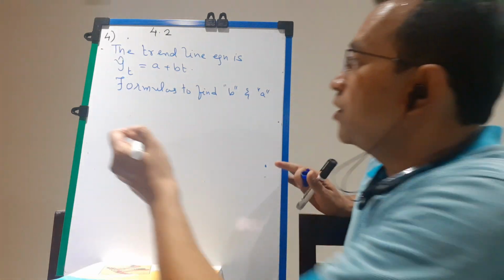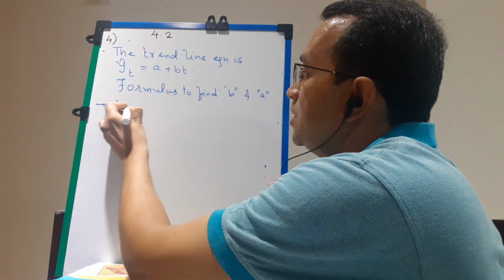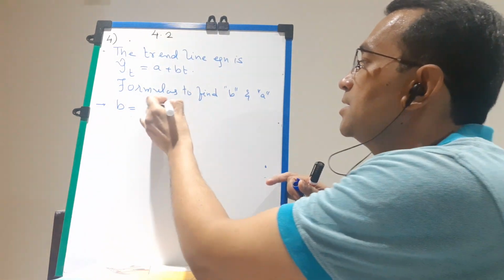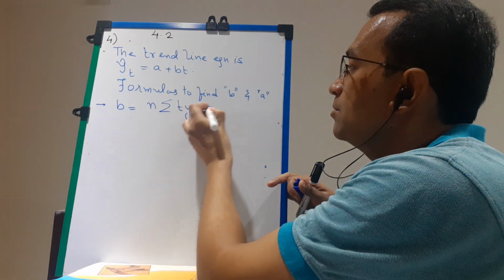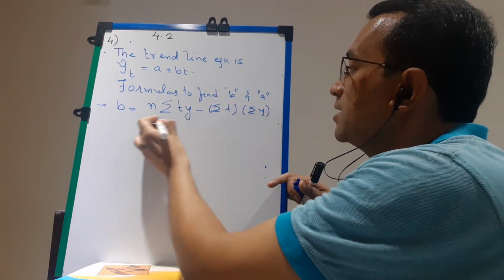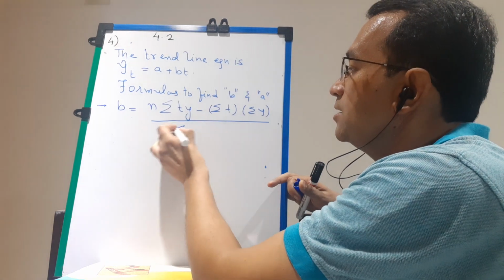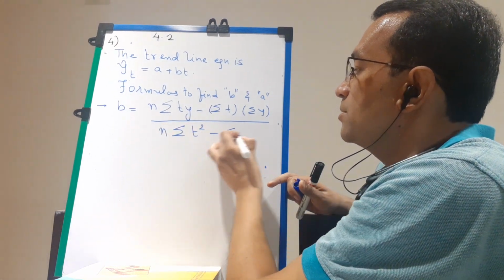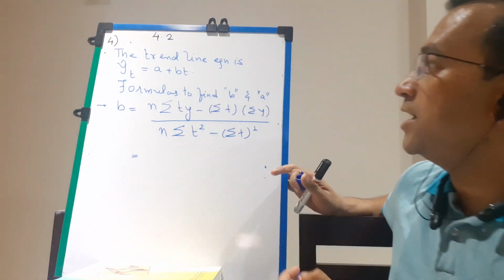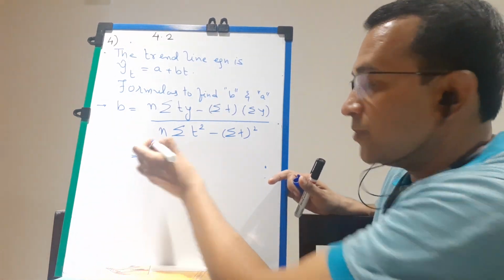Now all of you know the formula to find b. b is equal to n sigma ty minus sigma t into sigma y upon n sigma t square minus sigma t the whole square. Substituting the values, n is 5.